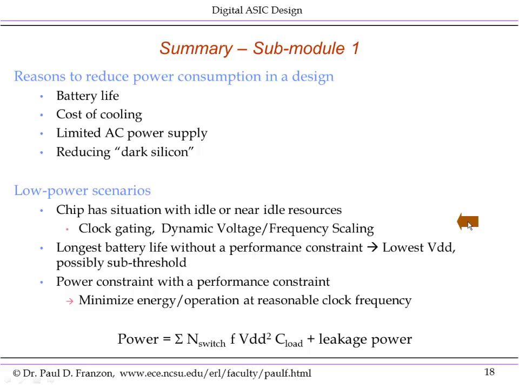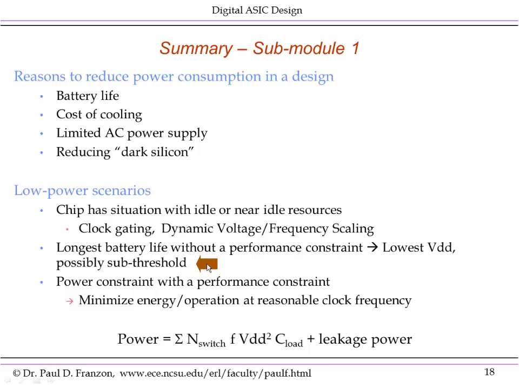And I remind you of the low power scenarios. If you have idle or near idle resources, you can use dynamic voltage and frequency scaling. Or if this resource can be completely turned off, you use clock gating, possibly with sleep transistors. If all you care about is power and you're not performance constrained, you can bring the VDD all the way down as low as practical for your logic family and for the standard cell library you have and the tool flow you have.